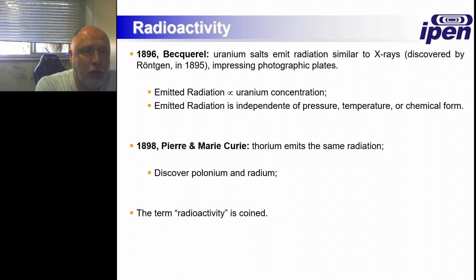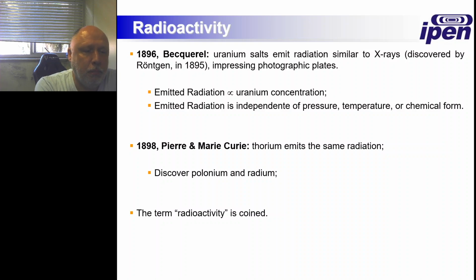The emitted radiation was proportional to the concentration of uranium, meaning it should have something to do with uranium itself. He also noticed that this radiation is independent of pressure, temperature, or chemical form, meaning it seems to have nothing to do with electronic form. It seems to be related to the nucleus itself.